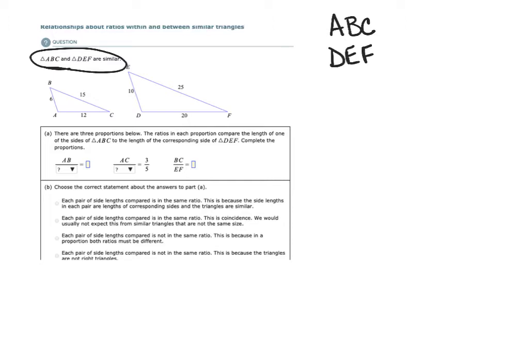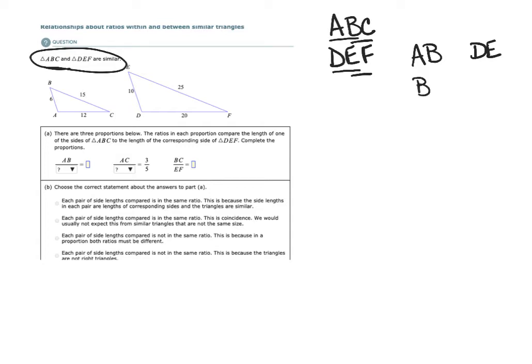And what this is going to tell me is which sides are considered corresponding, which angles are considered corresponding. So the first two angles, AB, will correspond to the first two angles in the second triangle, DE. AB corresponds to DE. The second two angles, BC, will correspond to the second two angles in the second triangle.